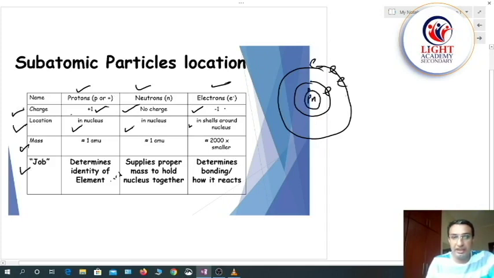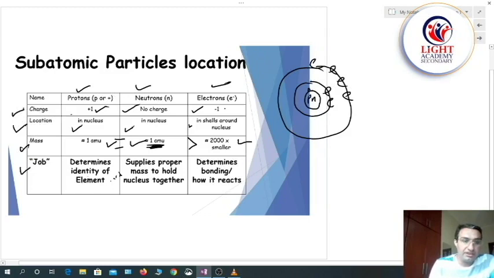These are shells, or energy levels, as I mentioned. For the atomic mass, as we saw in our previous slides, the mass of neutrons and protons are almost equal, one atomic mass unit, and they are almost 2,000 times heavier than an electron.